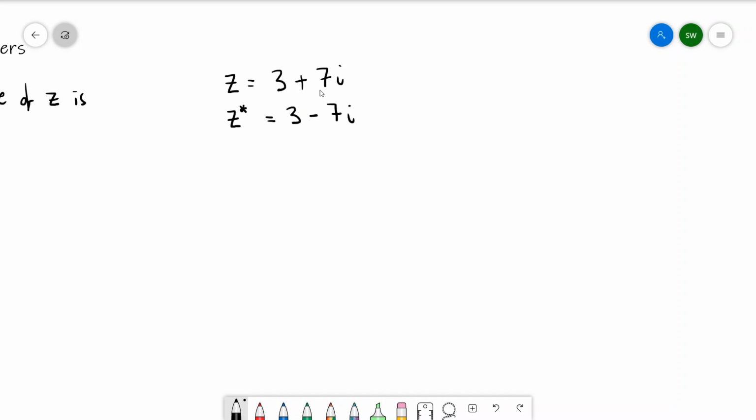Let's say we had another complex number y, and y was equal to 10 minus 2i. Then y star, the complex conjugate of y, leave the real part as it is, 10, and change the sign of the imaginary part. So times -2 by -1 to get plus 2i.